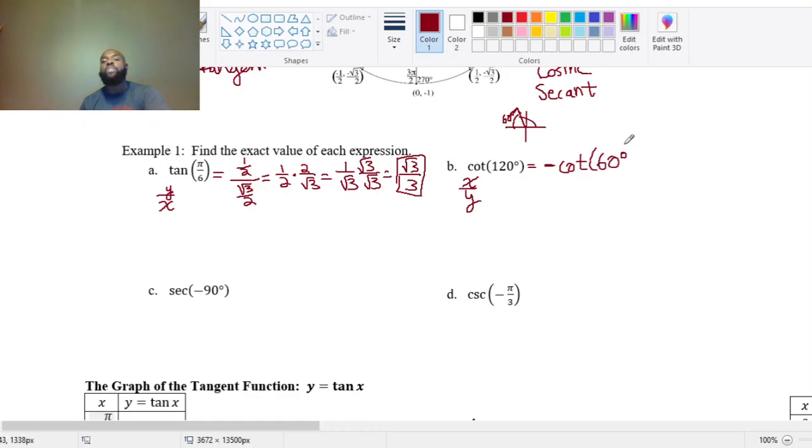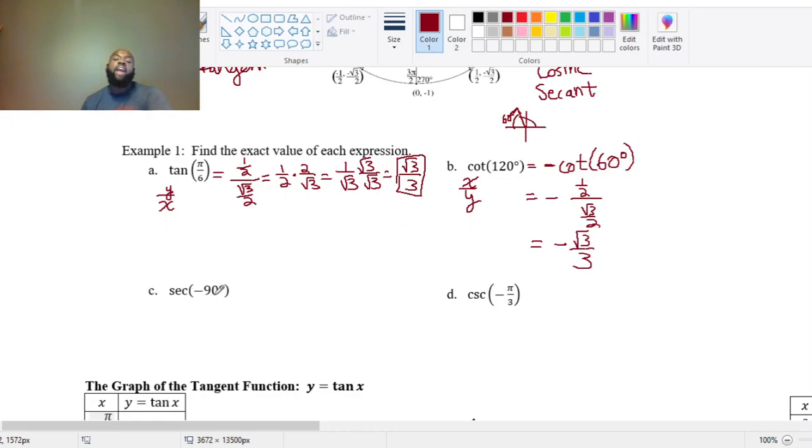And I know the 60-degree angle and the corresponding ordered pair in the first quadrant of my unit circle. The x coordinate of that point is 1/2. The y coordinate is square root of 3 over 2. Which is basically the same setup I had over here. So this is going to end up simplifying to negative square root of 3 over 3.